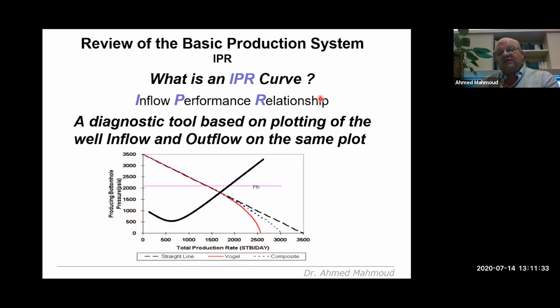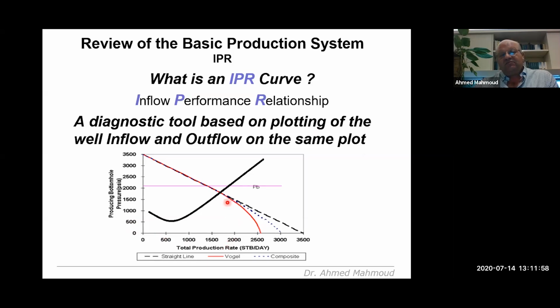Okay, so this is what the IPR curve looks like, and we'll take it step by step in the next couple of slides to make sure that everybody is in line and at the same level before we take deeper steps into gas lift. We will have the inflow curve and the outflow curve, and we plot them both together on the same plot.